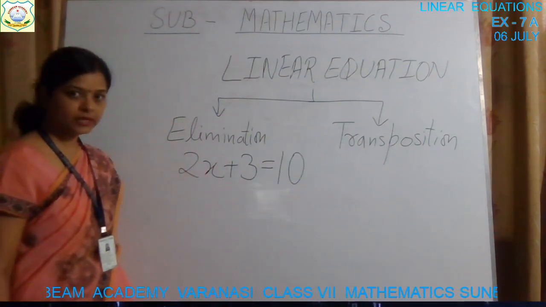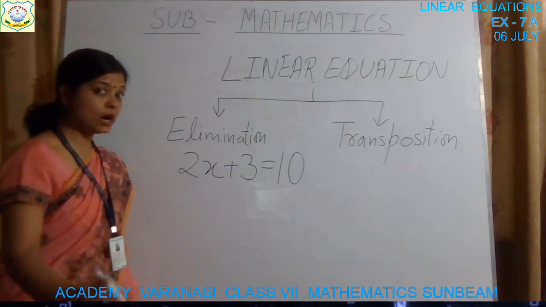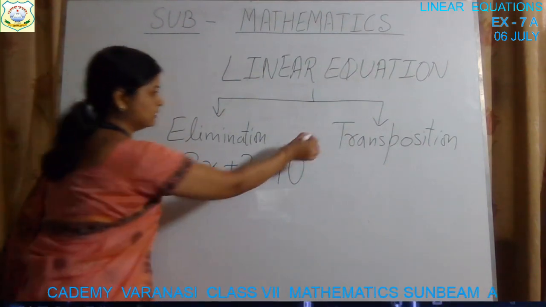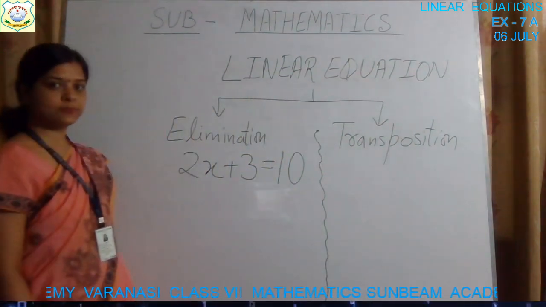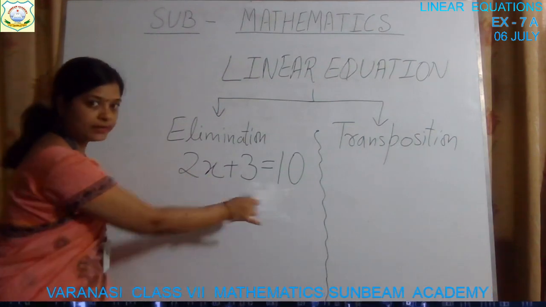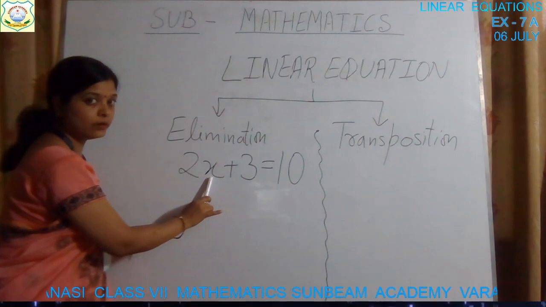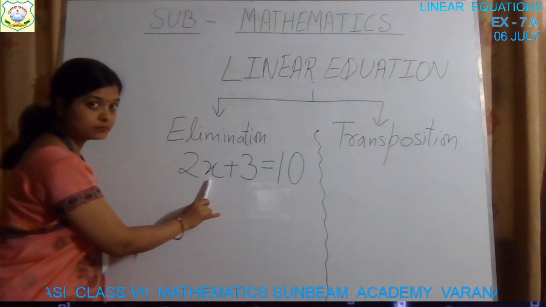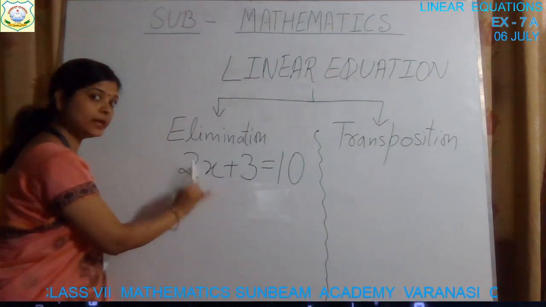Now in the elimination method, how will we solve? See this. This is the elimination method and the next part is the transposition method. So where is the unknown quantity? This one. x is the unknown quantity, that is the variable.